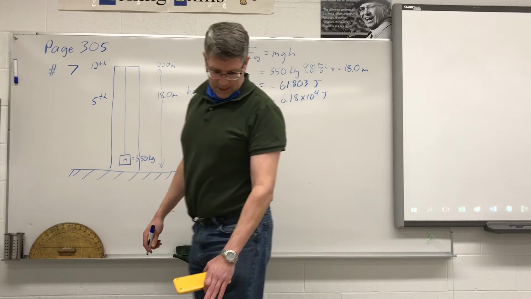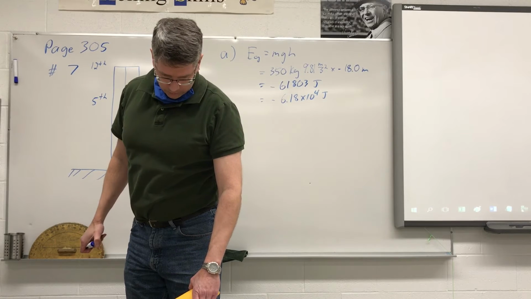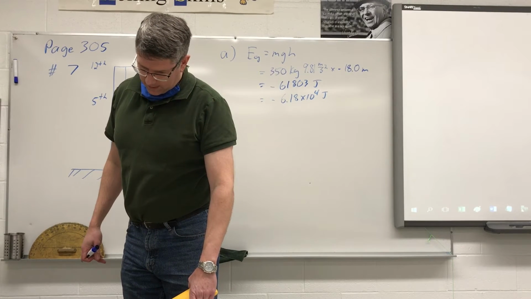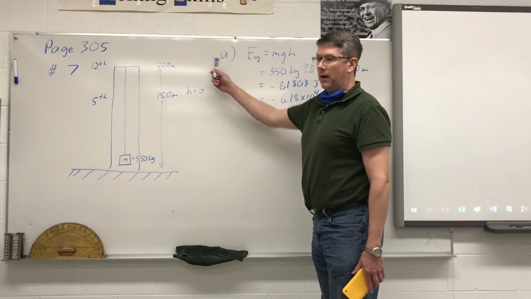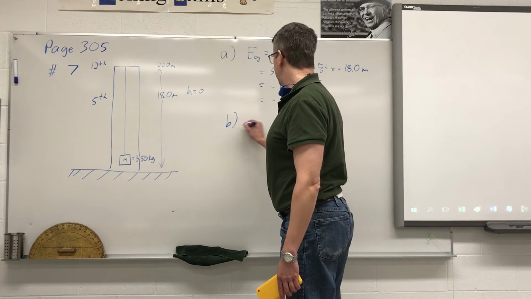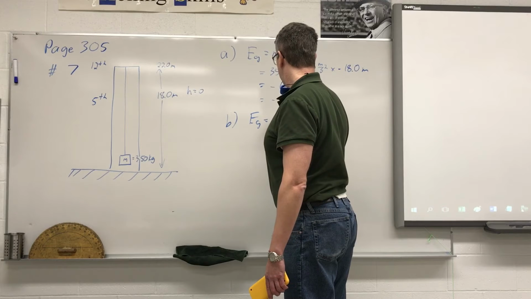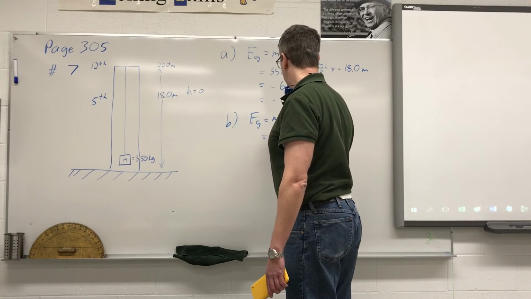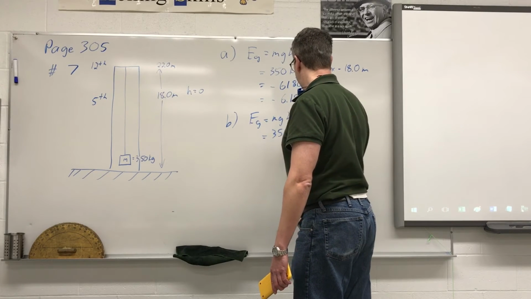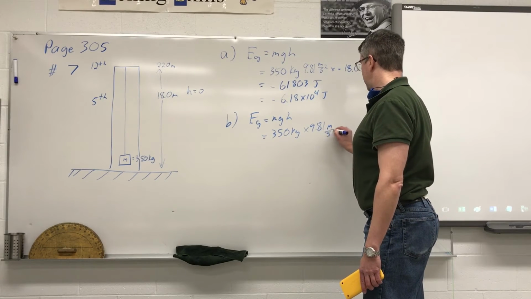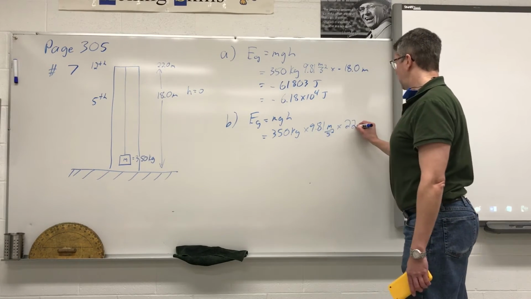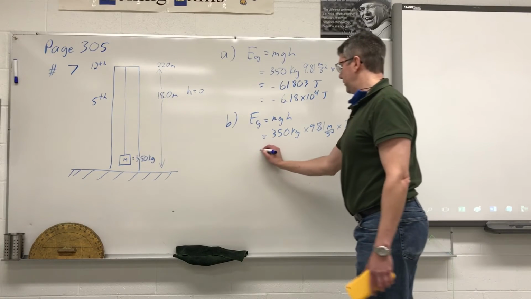Now, part B asks when it's at the 12th floor. So when this is at the 12th floor, that means that it's going to be 22 meters above our 0 point. So for part B, EG equals mgh. So again, 350 kilograms times 9.81 meters per second squared times our height, 22.0 meters.